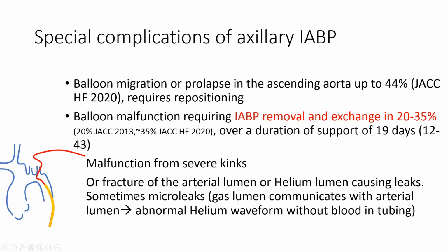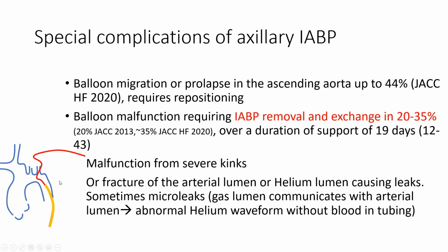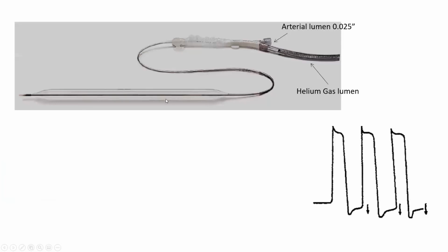Another thing that can happen is a fracture of the arterial lumen or especially the helium gas lumen causing leaks, sometimes micro leaks. So that prolapse in the ascending aorta or the tortuous path of the balloon pump catheter can create fracture in the catheter and leaks.